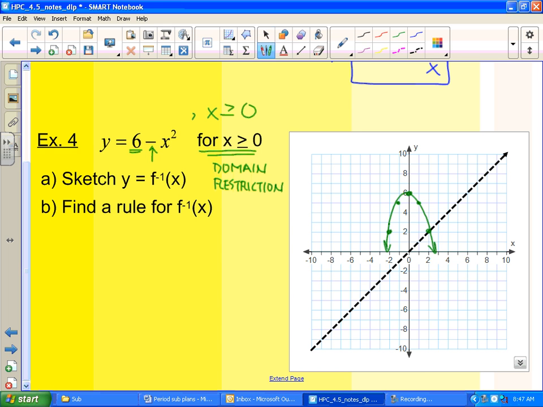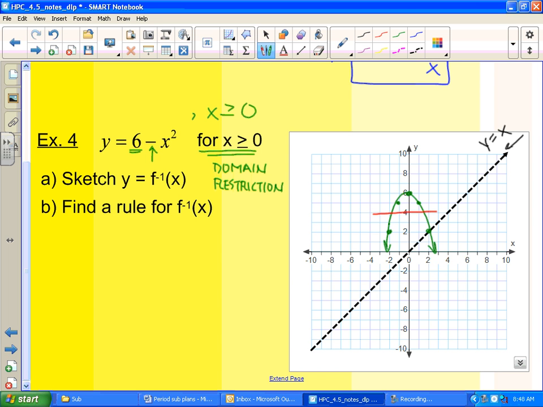Now this y equals x line that we have drawn in here, that's my reflection line. When we're talking about inverses, we are reflecting across y equals x. That's like the mirror, and we're producing the mirror image on the other side. So if I had drawn y equals 6 minus x squared and didn't restrict, we can see that this thing would not pass the horizontal line test.